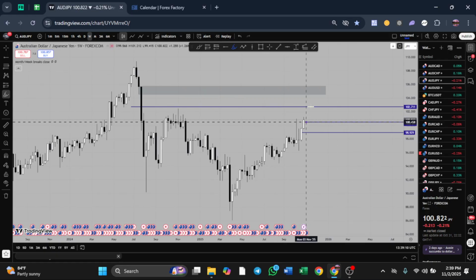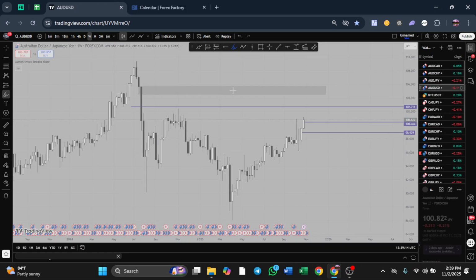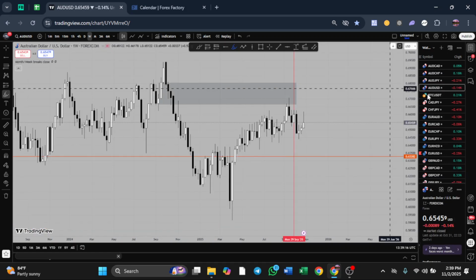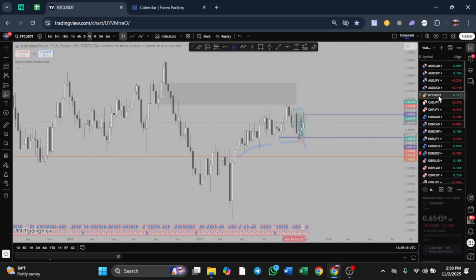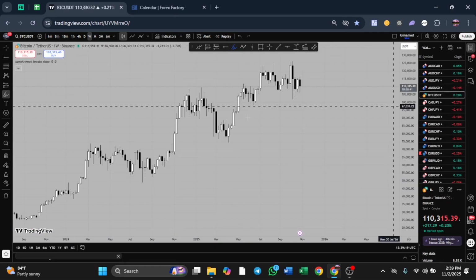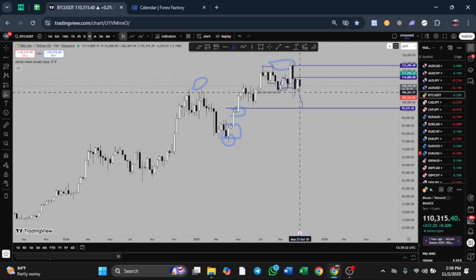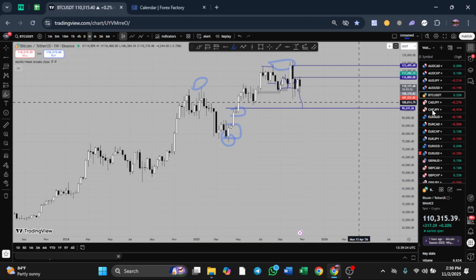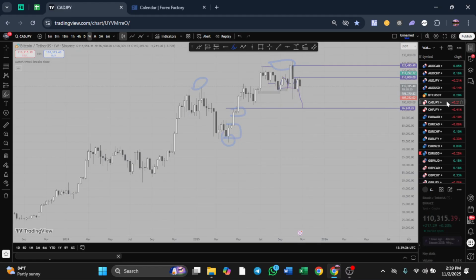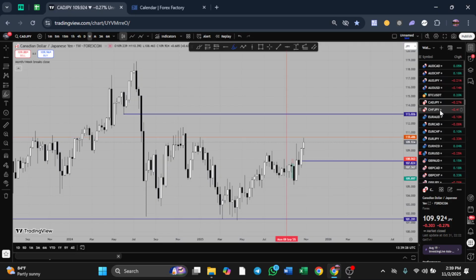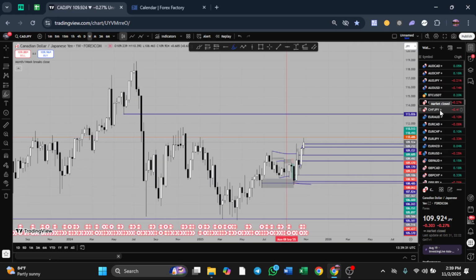So this is where I'm expecting it to head to on the Aussie yen. Now Aussie USD is not on my watch list. We have BTC, which I expect to head down to the 96 area. CAD yen should do the same thing as the UJ.